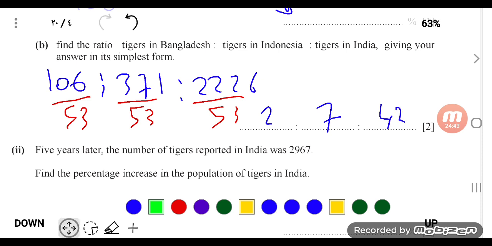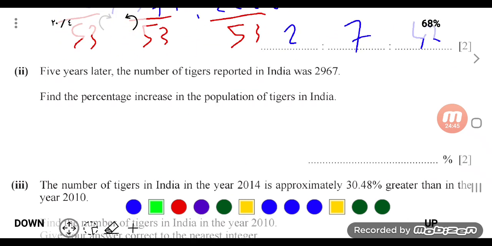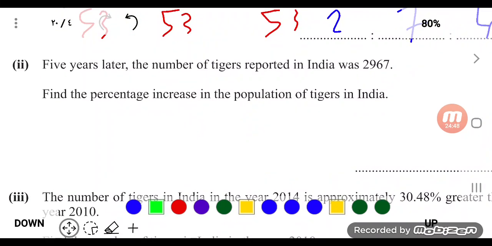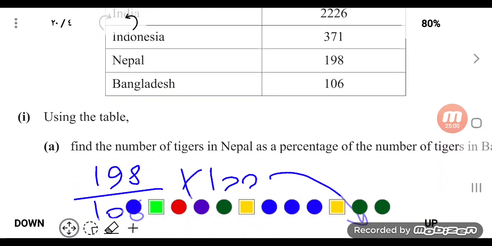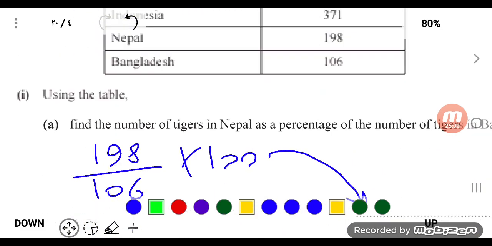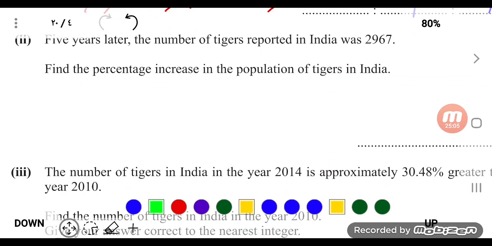Okay. Next question. 5 years later, the number of tigers reported in India was 2967. Find the percentage increase in the population of the tigers in India. Now, the original number in India was 2226. The new number is 2967.